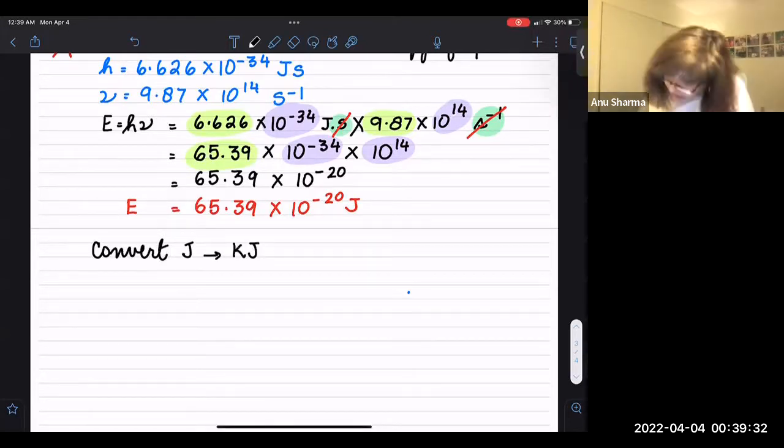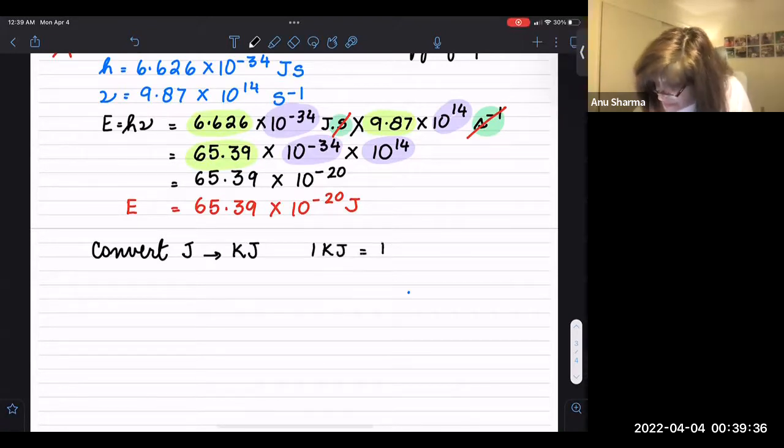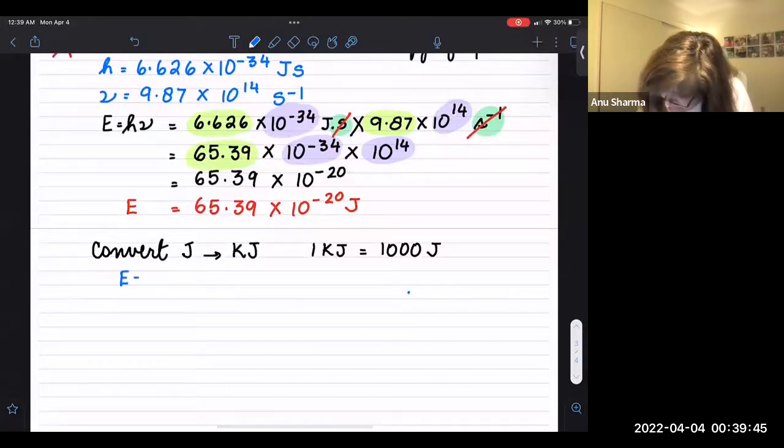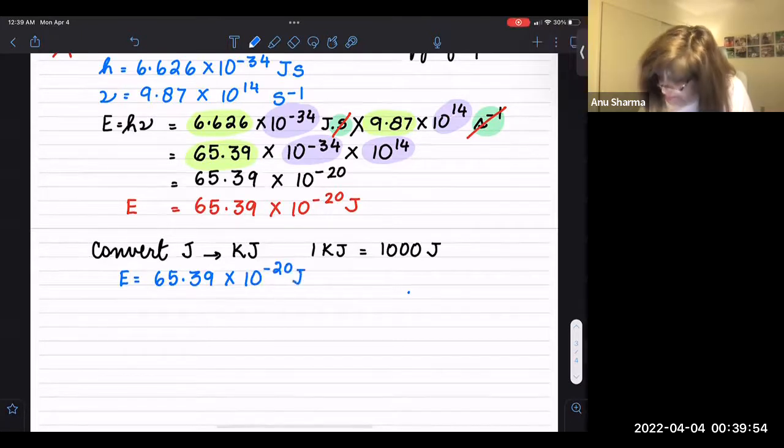We know that 1 kilojoule is equal to 1000 joules. So now you're going to take the E, which is 65.39 into 10 to the power -20 joules, and convert that to kilojoules.